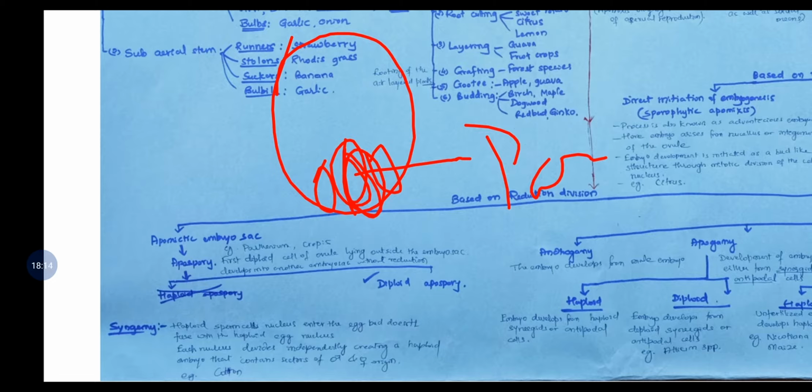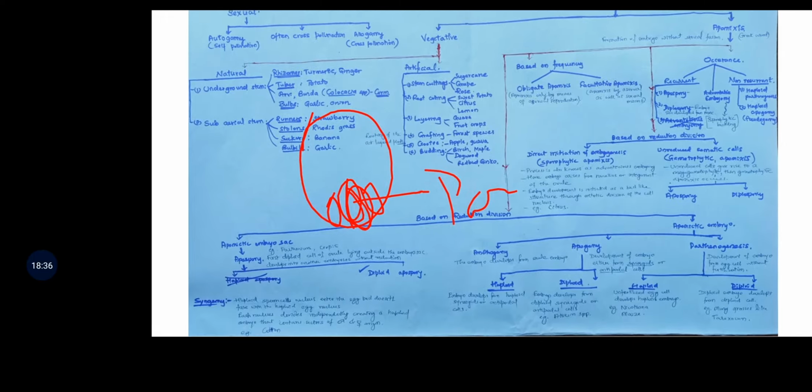Here each nucleus divides independently, creating a haploid embryo that contains sectors of male and female origin. That means fertilization won't happen, but pollination is essential for the development of the particular embryo. That condition is observed in cotton.